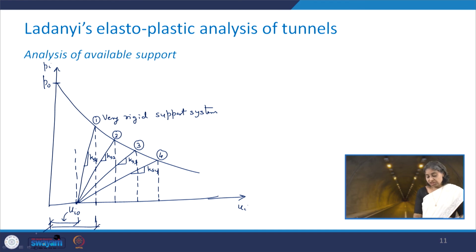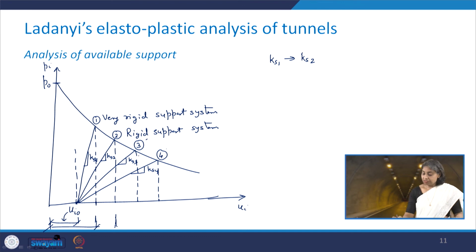Now we change the stiffness of the support system from Ks1 to Ks2, and the resulting support reaction curve corresponds to this situation. So here, although it is more than case 1, it is still not that large as compared to case 3 and case 4. So maybe we can write it as the rigid support system.